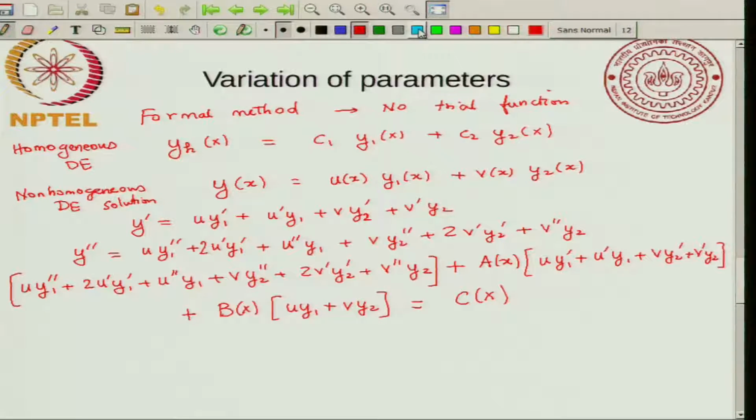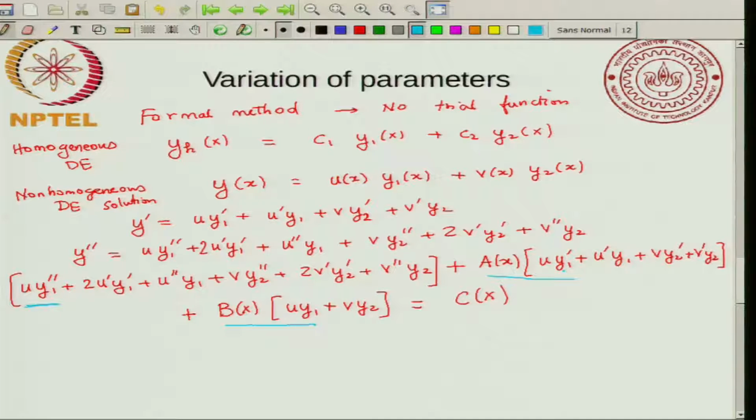Now you have to look at it term by term. Remember y1 and y2 are solutions of the homogeneous equation, so y1 and y2 satisfy the homogeneous differential equation. Look at b times y1, with a u in front, then y1 double prime with a u in front, and a times y1 prime with a u in front.